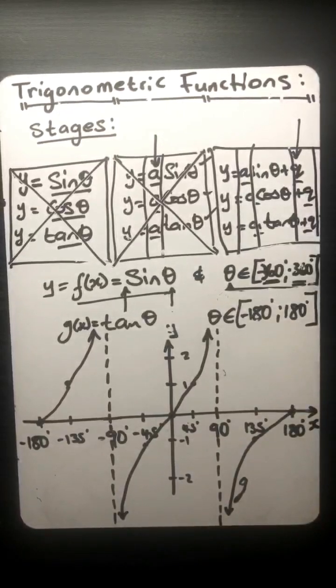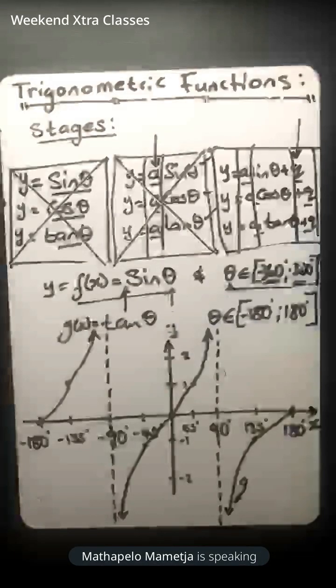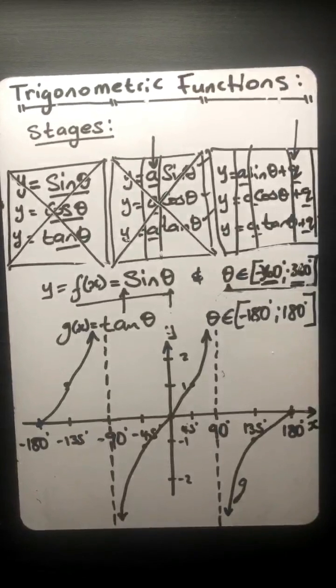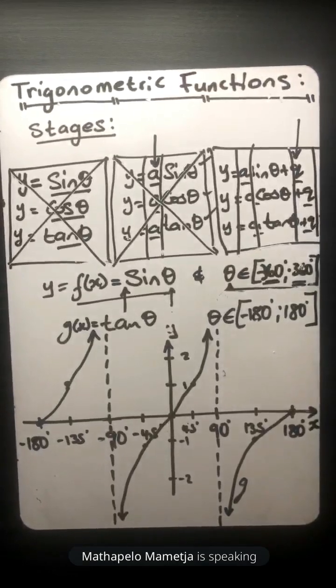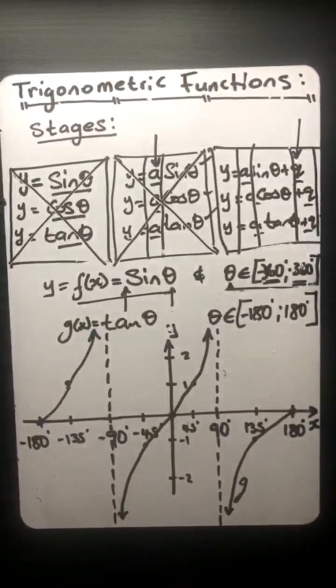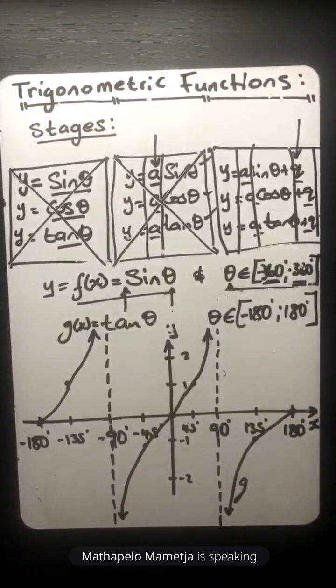Does it make sense to everyone in terms of how you sketch the tan function? You have a question, Matapelo? Or you saying you understand? I have a question. Oh, yes. What is the question? If we draw sine theta, we use f of x, or we can use g of x.